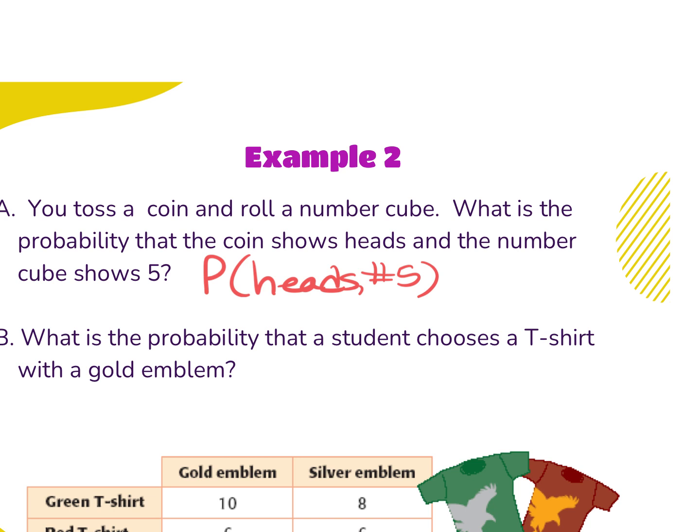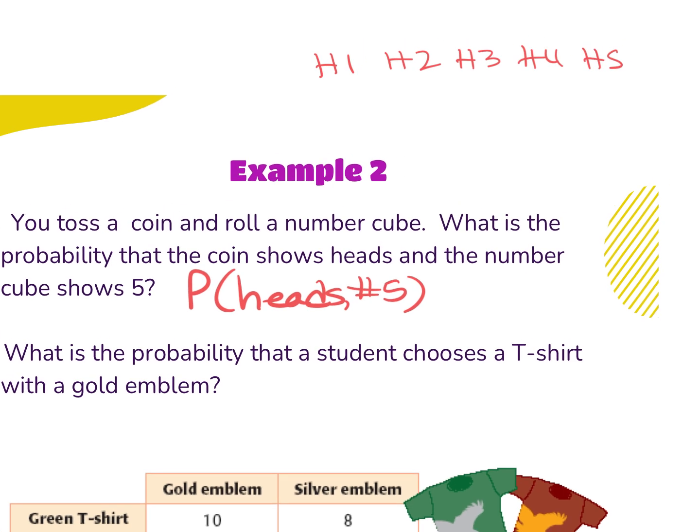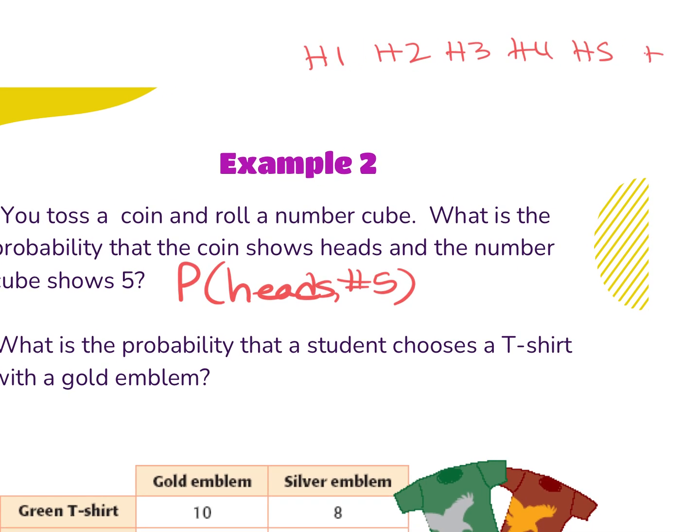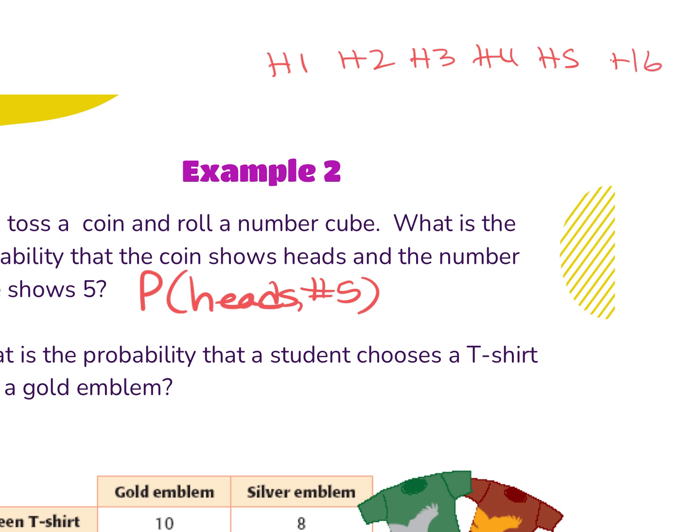Remember, on our coin, we're either getting a head, and then when we roll the number cube, that head could go with a 1, a 2, a 3, a 4, a 5, or 6. And then the same thing with the tails. Tail with a 1, 2, 3, 4, 5, and 6.